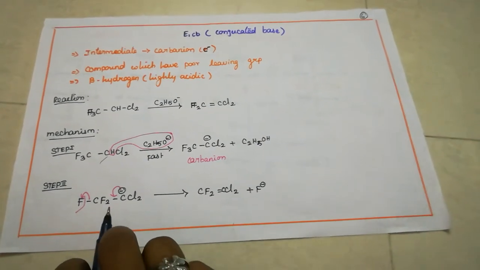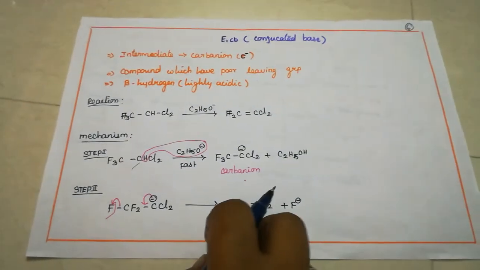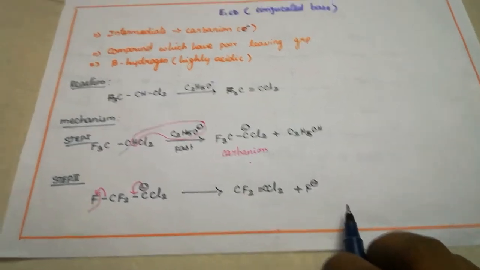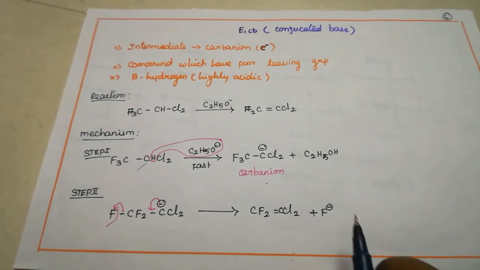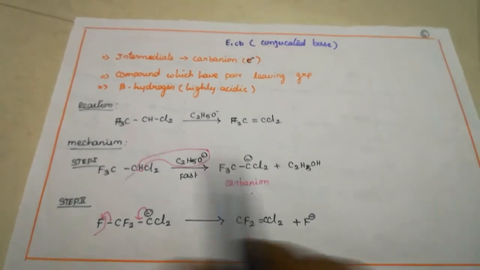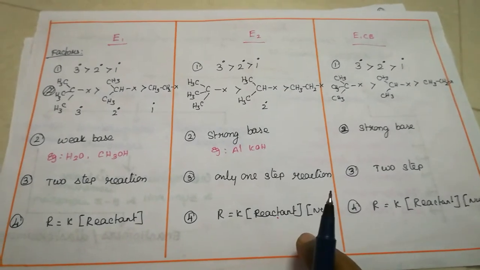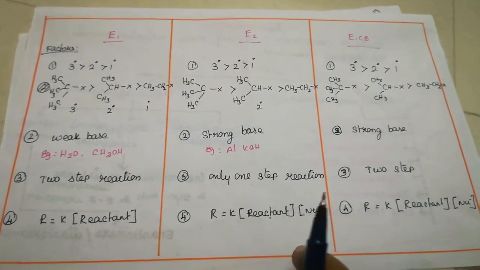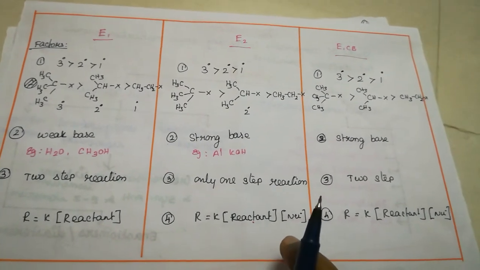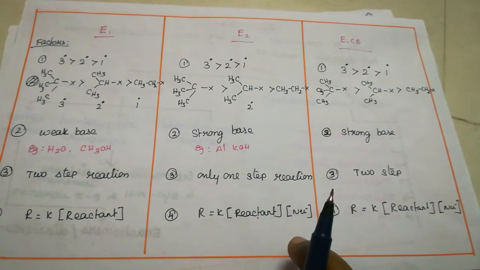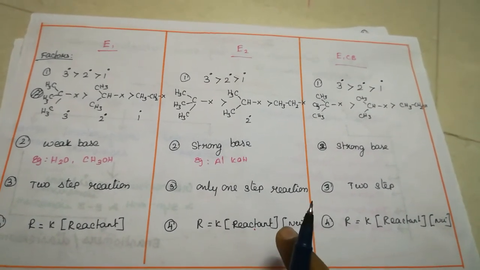Here we form carbanion as the intermediate. So in all the elimination reactions, the final product is alkene, and this factor is very important to elimination reactions. Next class we will see the Zaitsev rule and Hofmann rule, because those are based on this elimination reaction.